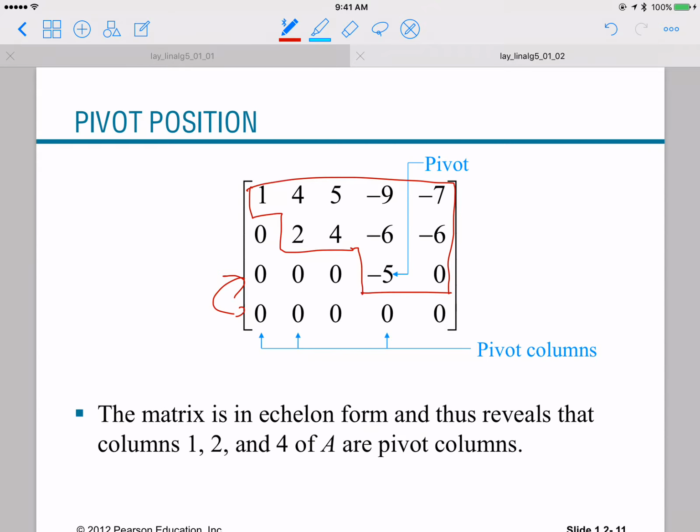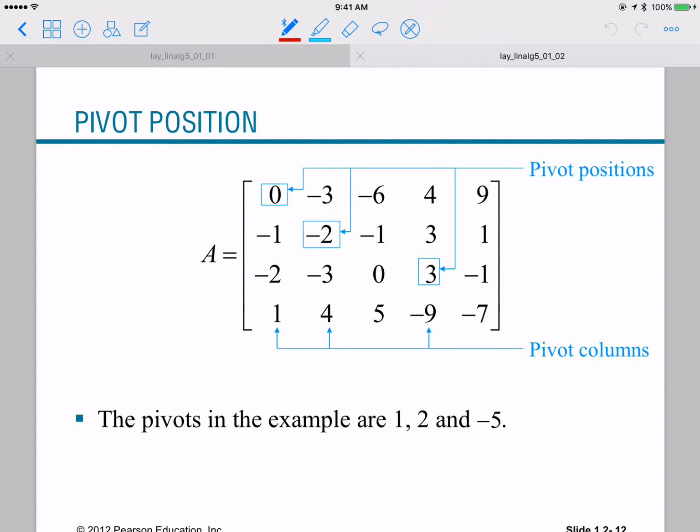The leading entry of the echelon form is called a pivot. And then what is the pivot position? It's 1, 1. What about this? 2, 2. What about this? 3, 4, because it's in the fourth column.